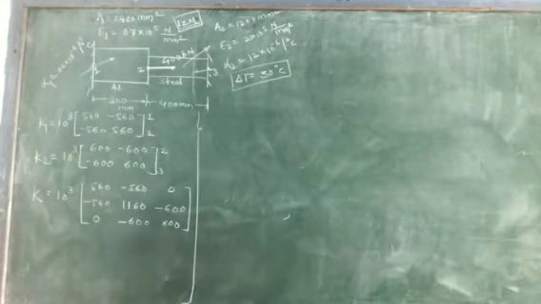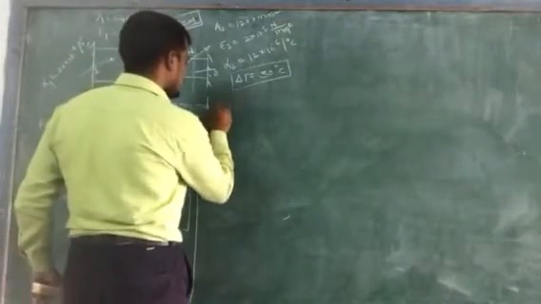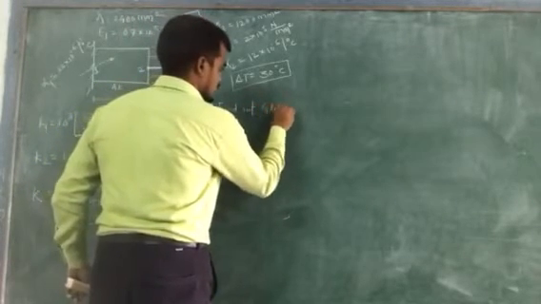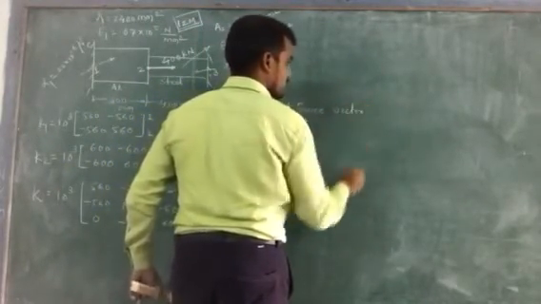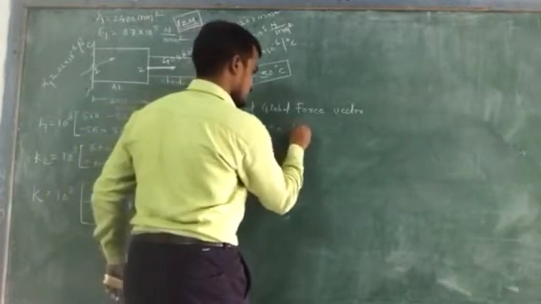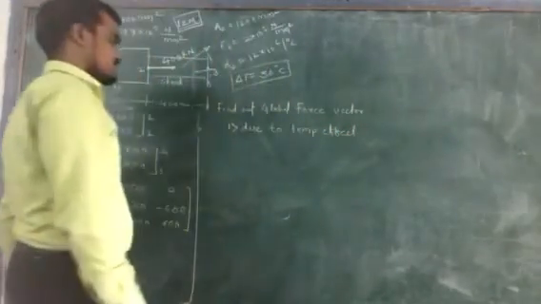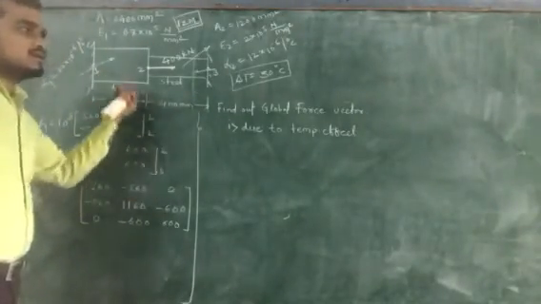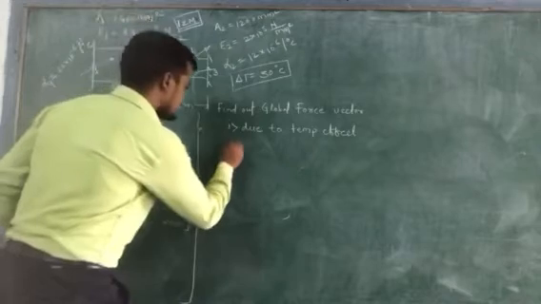Now next step is to find out the global force vector due to temperature effect. Okay, so for first element we know how to write down the nodal force vector due to temperature effect.